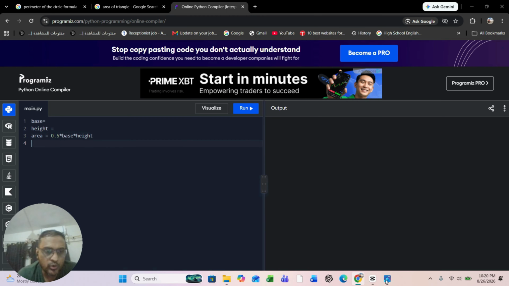Okay, so at last what I do, I would write print, then inverted commas, and first I would write the statement that the area of the triangle is, and then I would call this variable.